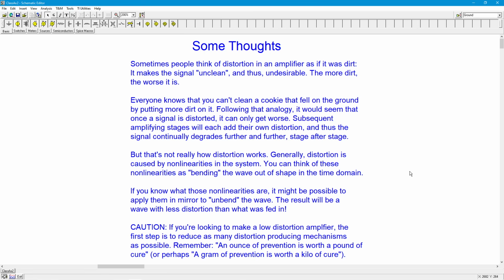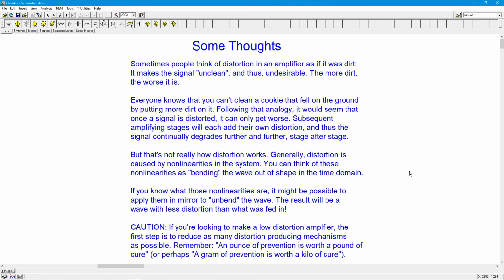That goes into another stage that has its own level of degradation. And this just continues stage after stage after stage, and things get a little worse and a little worse and a little worse. And the idea is, of course, you want the whole system to be as clean as possible, and therefore each individual stage to be as clean as possible so that you can get the nicest result.